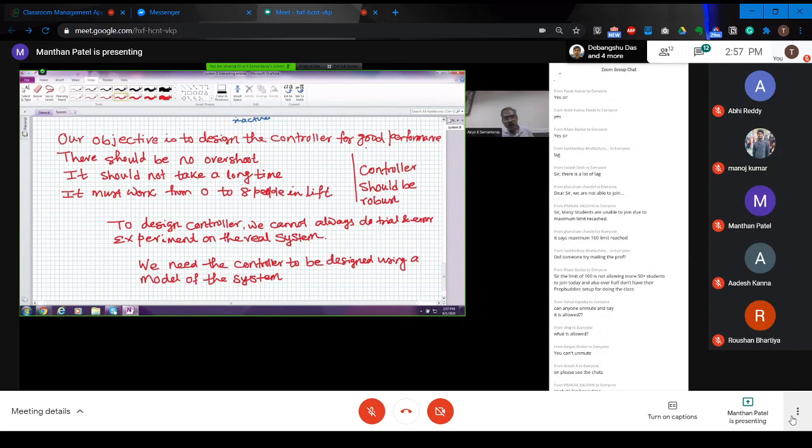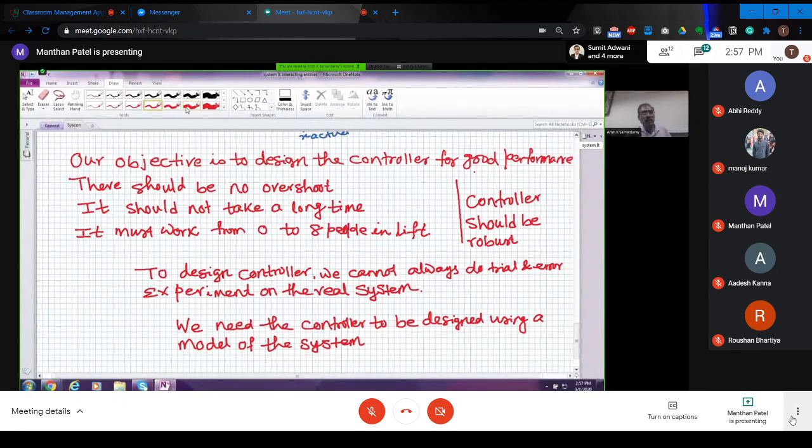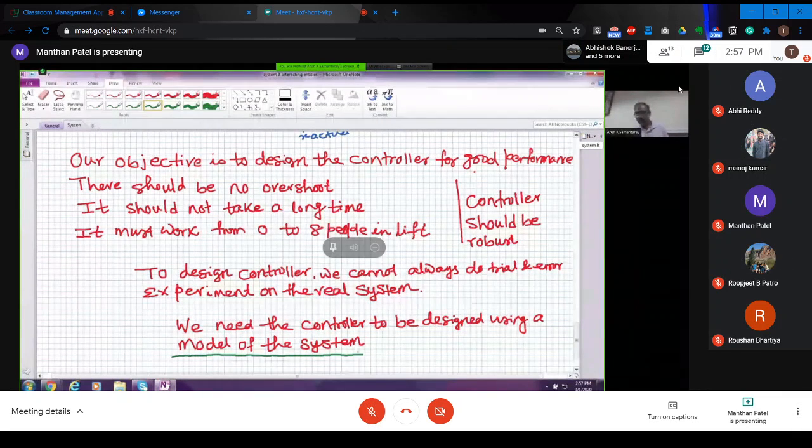This is very important. But that model of the system is important because we cannot do experiments on the real system at all times. First of all, it's not practical and it may not be feasible.